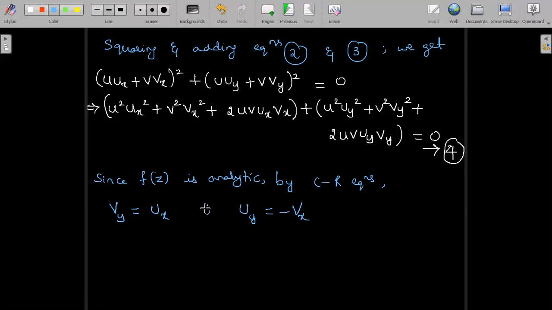And as usual, I will change the y terms to x. It is always preferable to do that.